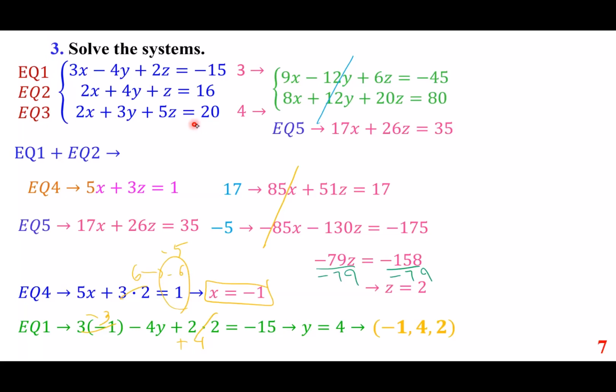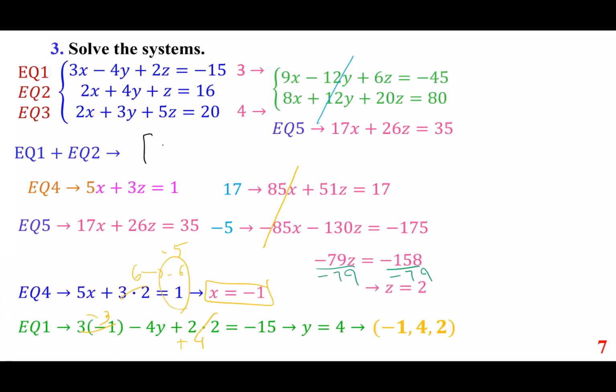Again, if we were to use the technology, I hope you recognize the augmented matrix is, let's just quickly write it, the augmented matrix. Let's see what color we can use.